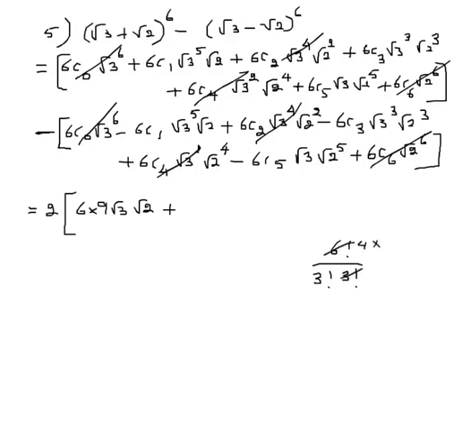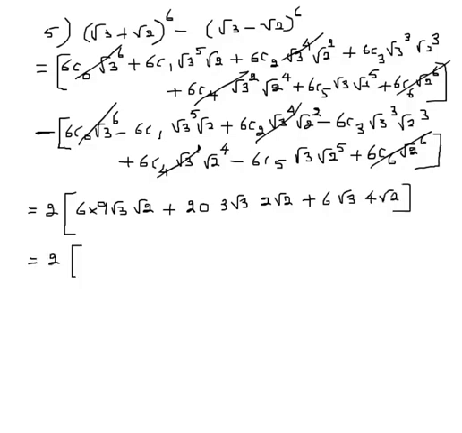Cancel 3 factorial: 4, 5, 6. 3 factorial is 6. 4 5s are 20. Root 3 cube is 3 root 3, and root 2 cube is 2 root 2. Plus 6C5. 6C5 is 6. Root 3. Root 2 power 5 is 2 2s are 4, 4 root 2.